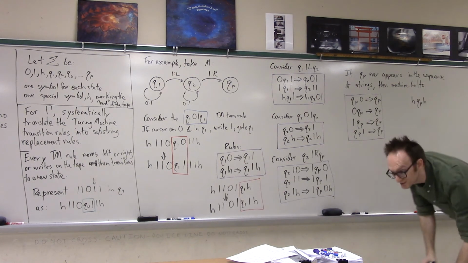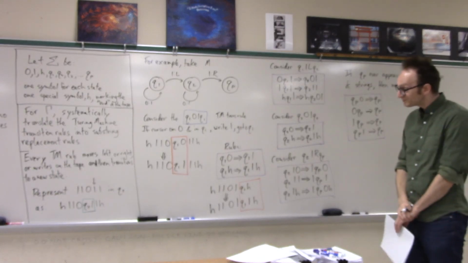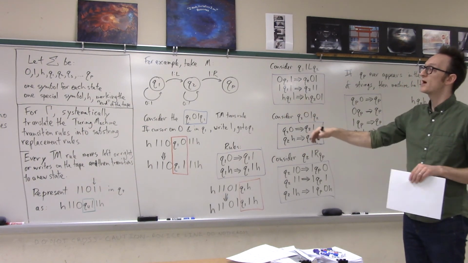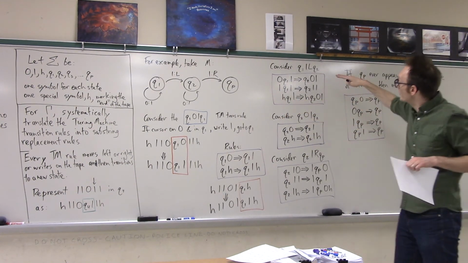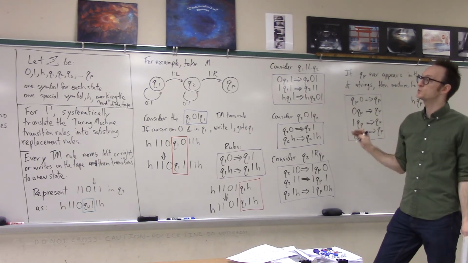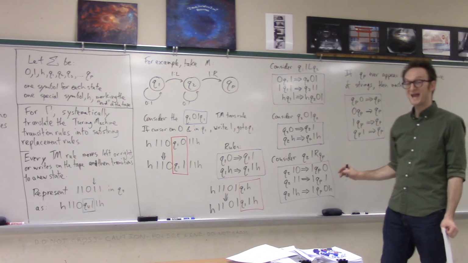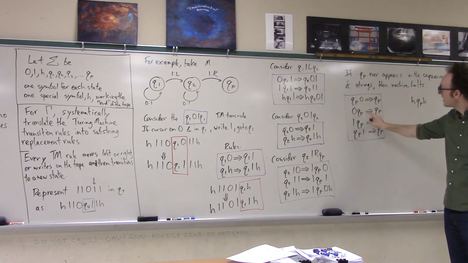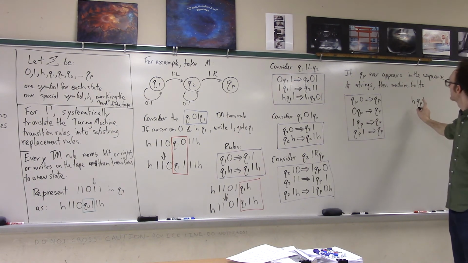In other words, if the machine halts, then there must be some sequence of these rules that you follow, which leads you to a string that has a QP on it, which can lead you, by following these rules, to this string.